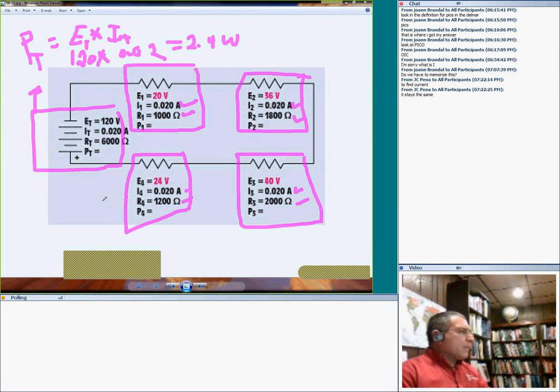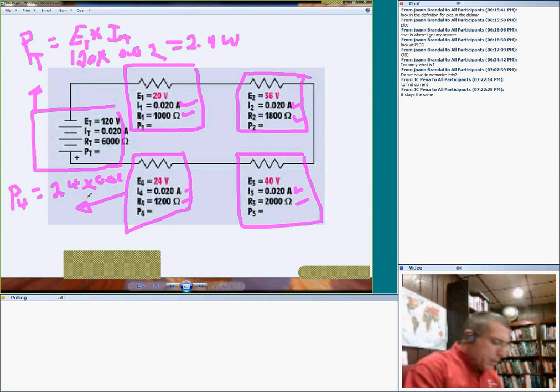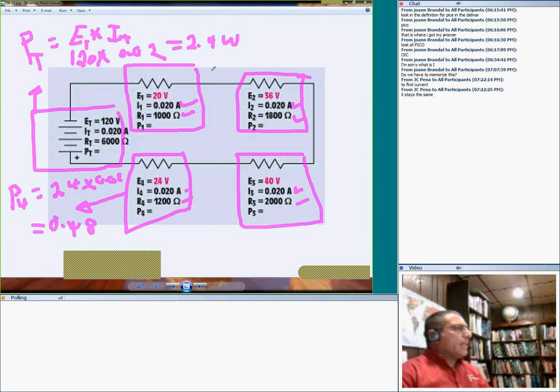Where are you guys going to go next? Let's go to this component. The same talk, guys. That will be P4: E4, which is 24, times I4, which is 0.02. No problem, 24 times 0.02, this will be 0.48. And it doesn't take a genius, guys, to find P1, P2, and P3.